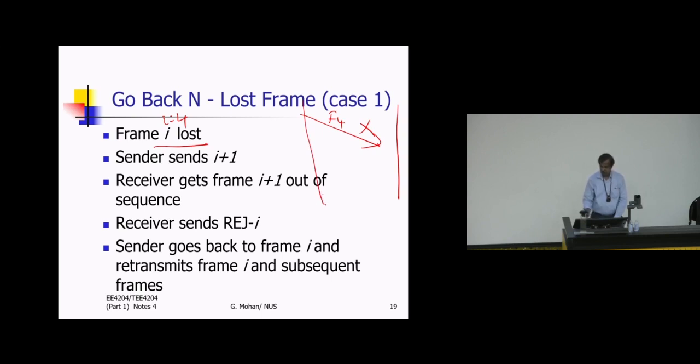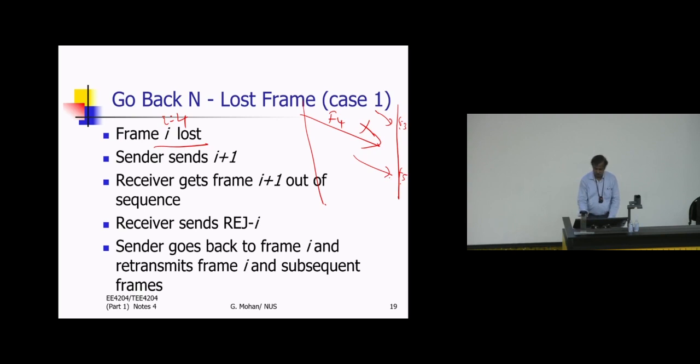It may so happen that the receiver has received frame 3, and the next frame it receives is frame number 5. Because frame 4 was lost in the sense it could not be recognized as a frame. So frame 3 was received, frame 5 was received. So receiver understands that this is out of order. After 3 it is receiving 5. That means frame number 4 was lost.